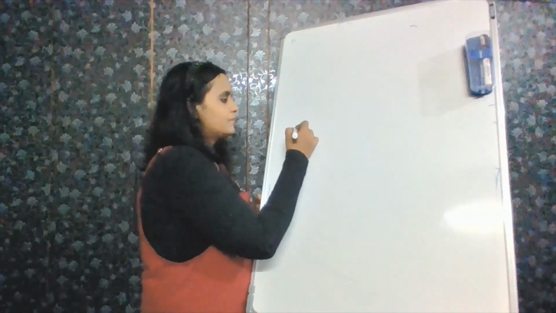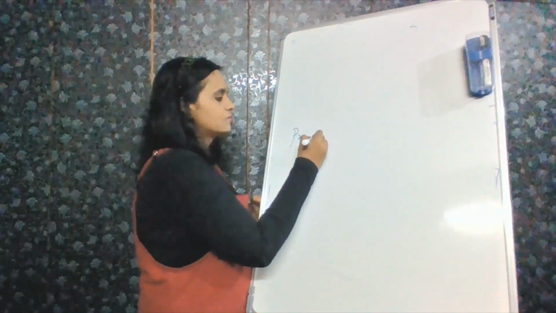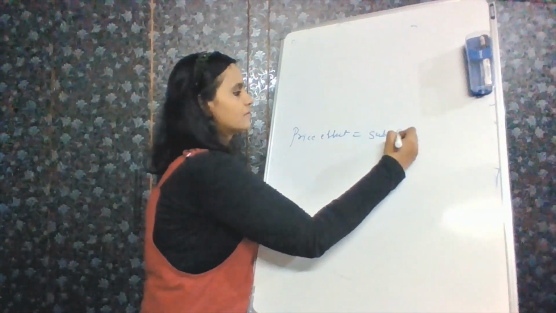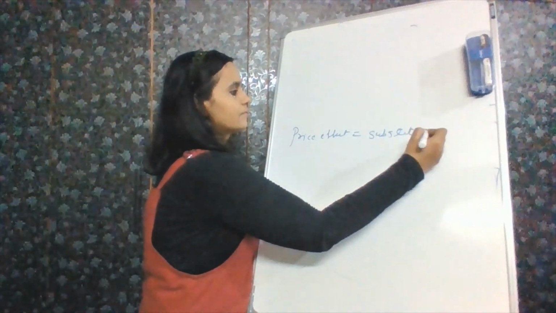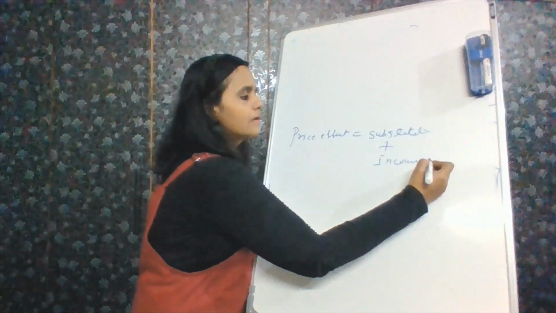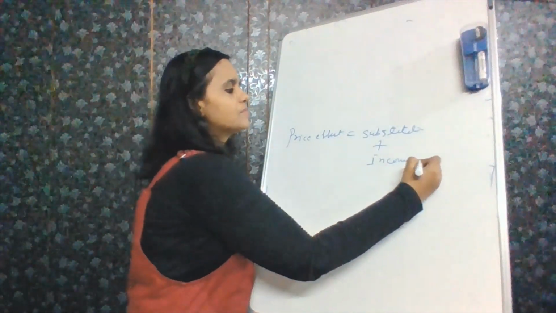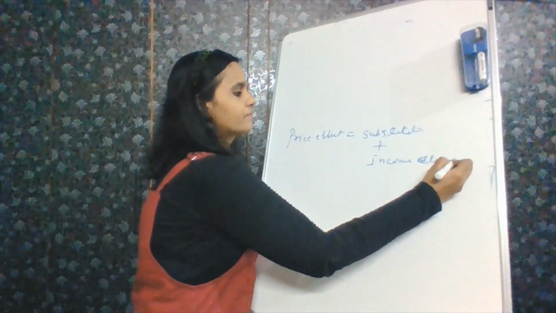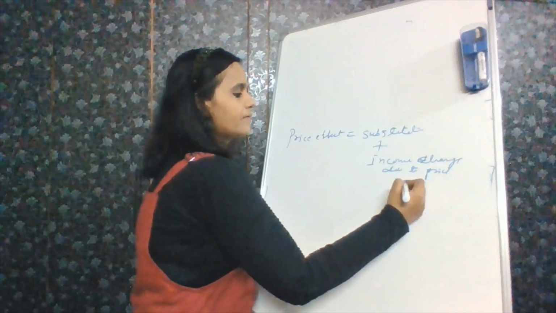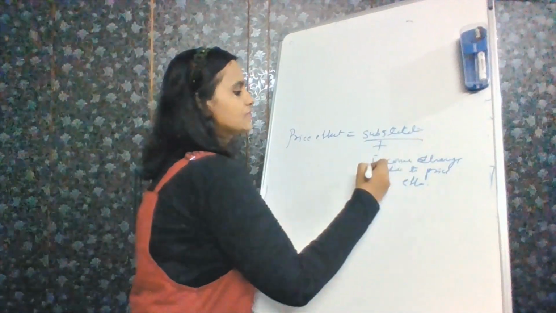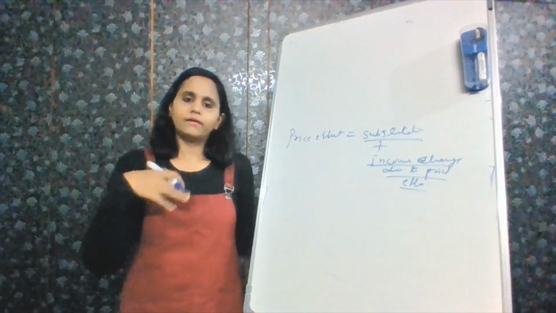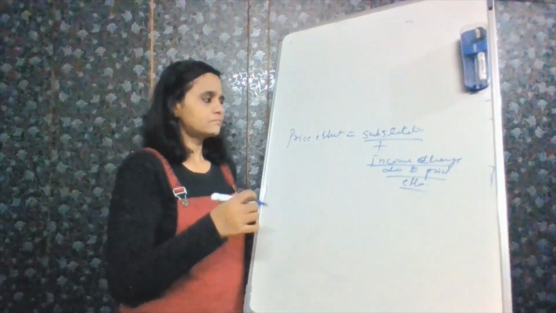Whenever the price changes, your price effect is equal to the substitution effect plus the income effect, the income change due to price effect.